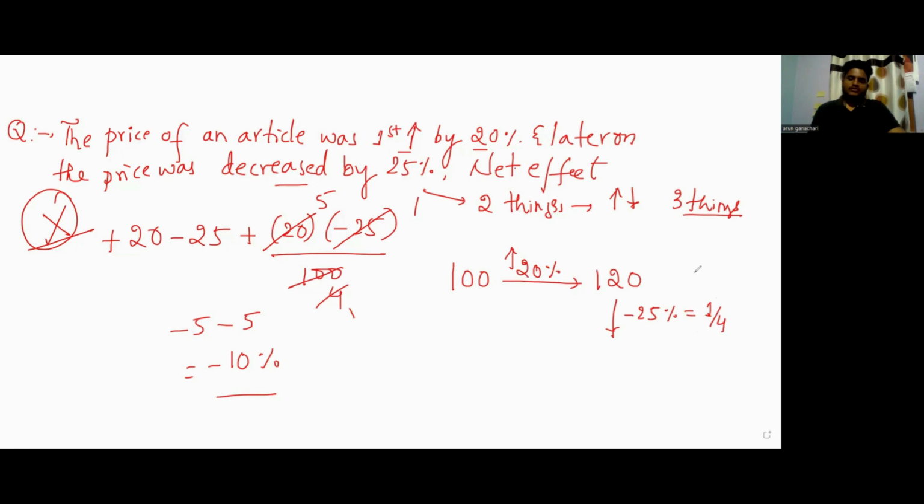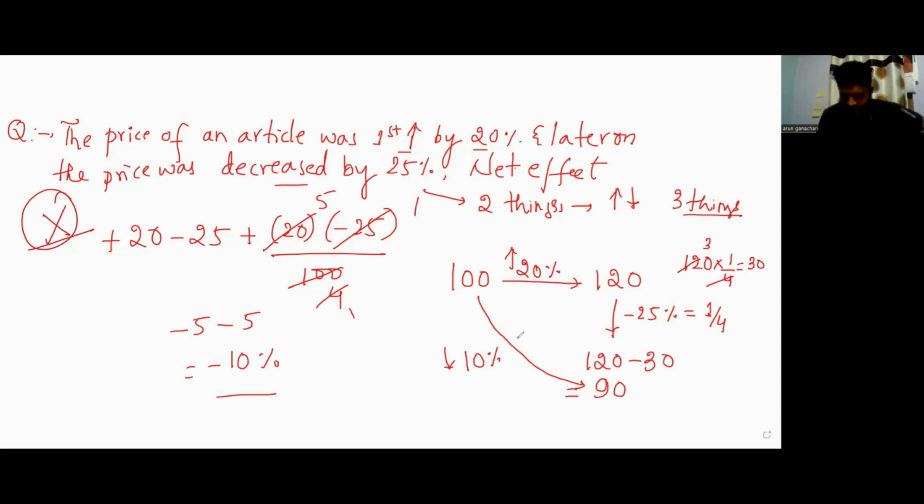So we'll find 1 by 4 of 120. What is 1 by 4 of 120? 30. So we are decreasing, which means we have to subtract 30 from 120. If I subtract 30 from 120, I'll get 90. So when we compare it with 100, how much percentage decrease has taken place? 10%.